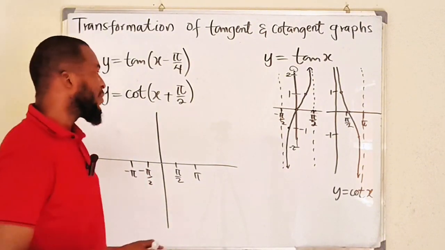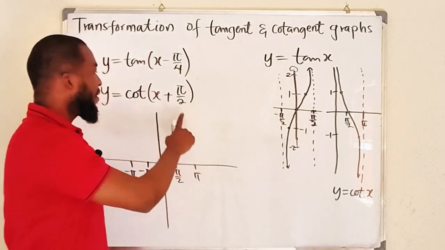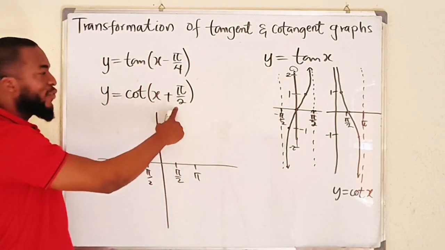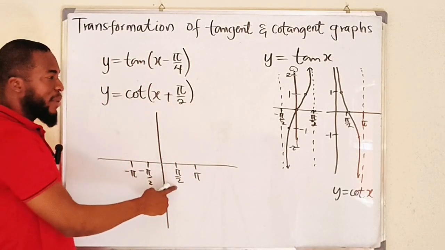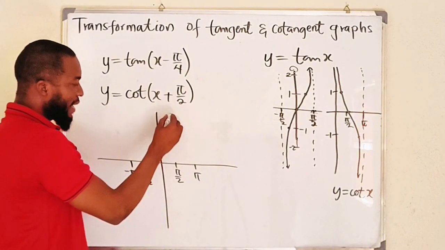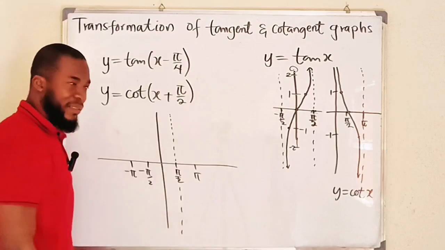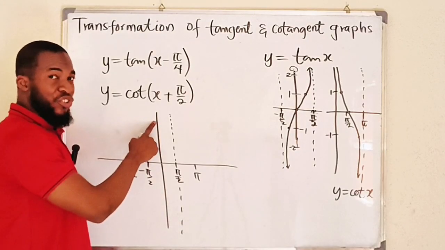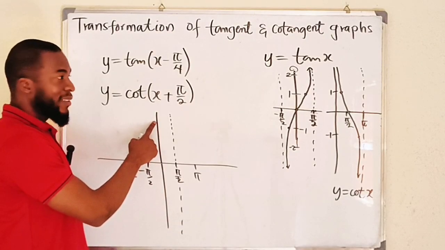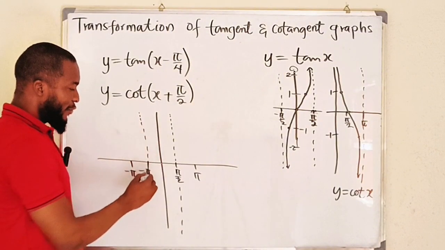Remember your vertical asymptote, very important, which is at pi. But because it has been shifted pi over 2 units to the left, this is pi over 2 units, right? So this is now going to be your vertical asymptote. Next, at origin, you used to have a vertical asymptote, which is going to be shifted to the left, pi over 2 units as well.